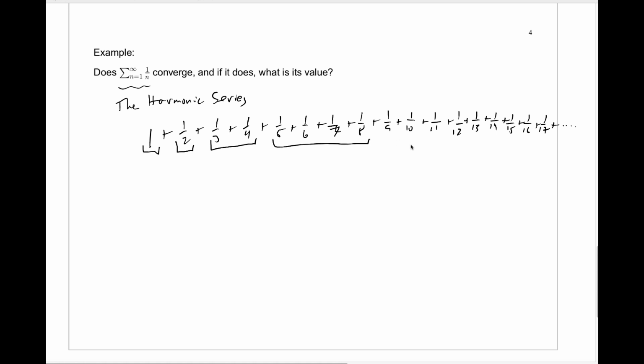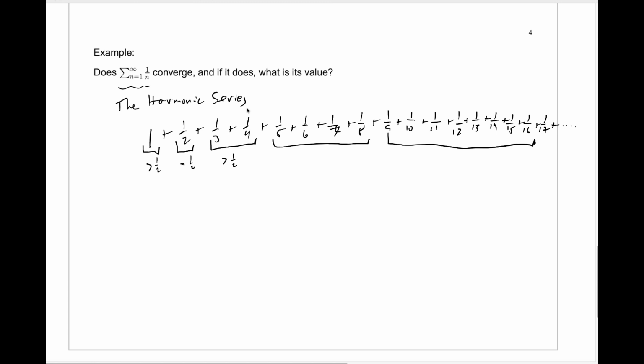If I add them in groups like this, what can you say about each of these groups? Well, this here, we have exactly 1/2 here. This is something bigger than 1/2. I claim this one is also bigger than 1/2. Because there are two terms, and 1/4 is the smallest one.